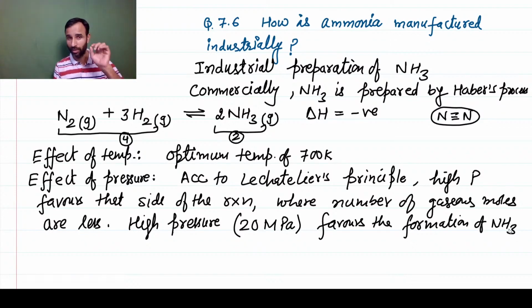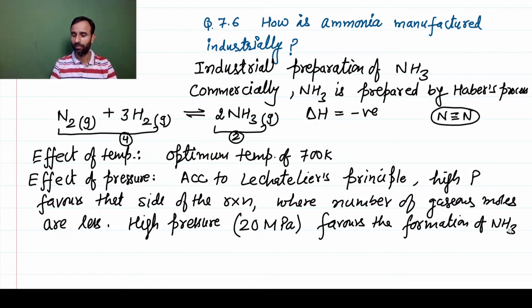Keep in mind, though the reaction is exothermic, if the temperature is very low, then the rate of the reaction is very slow. The reason being, N2 is unreactive or inert even at room temperature. So an optimum temperature is required. What do you mean by optimum?